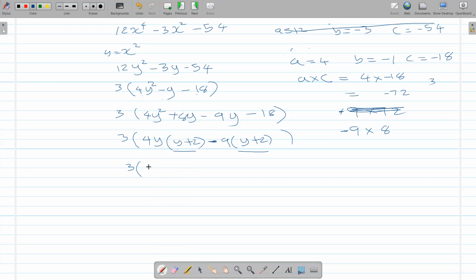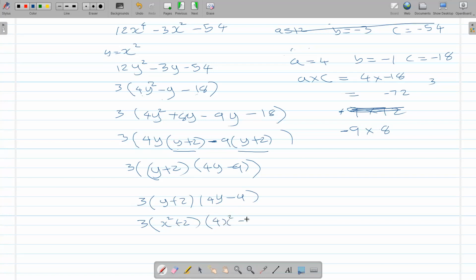Okay, I pull it out. Here I get 4y minus 9 is left. Okay, so finally it is y plus 2, 4y minus 9, and then I can replace this y by x squared. So x squared plus 2, okay, 4x squared minus 9.